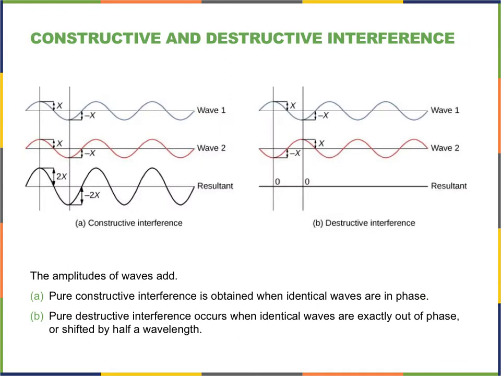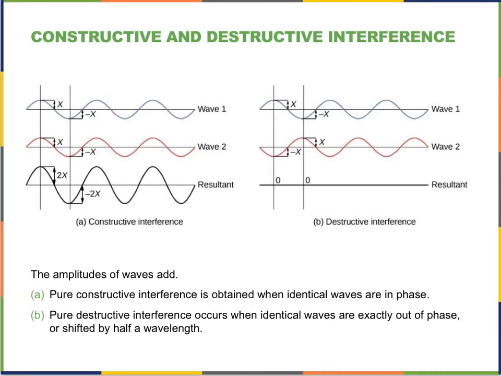So this picture shows the two extremes of interference, which we call constructive interference and destructive interference. In the first part of the picture, we see constructive interference, and that is when two waves are at the same location and they're oscillating exactly in phase with each other, so that the peaks are occurring at the same time and also the valleys are occurring at the same time.